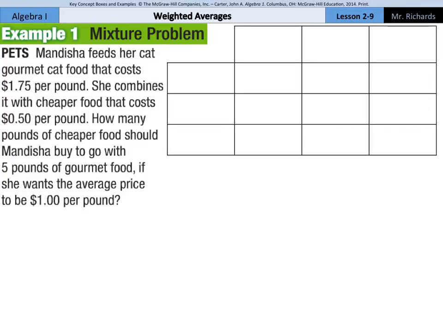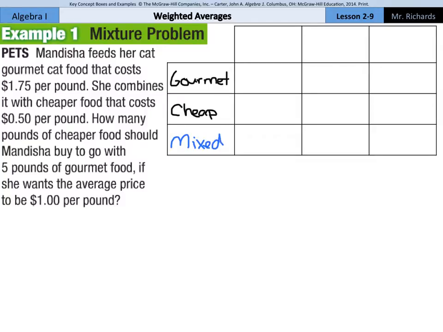So let's first take a look at what we have. On the left side of our table here, we're going to write our cat foods. We'll first start off with our gourmet food. We're going to mix that with the cheap food, and that's going to combine to be the mixed food.